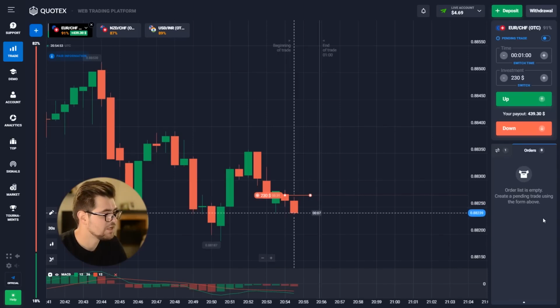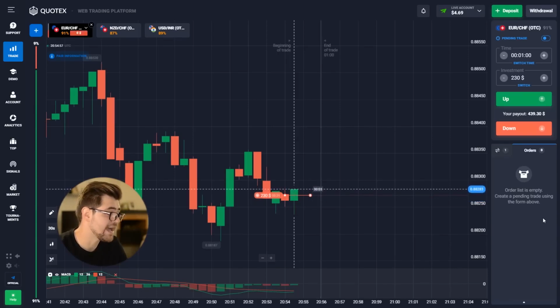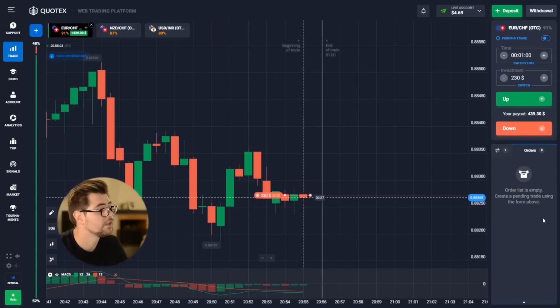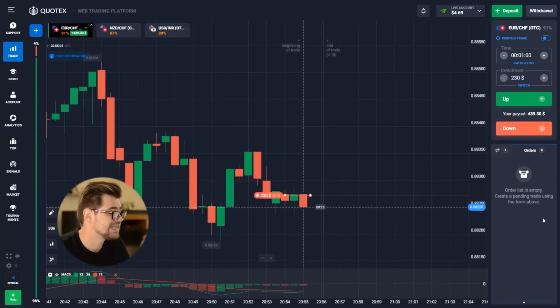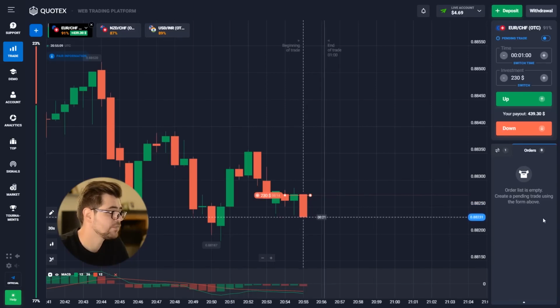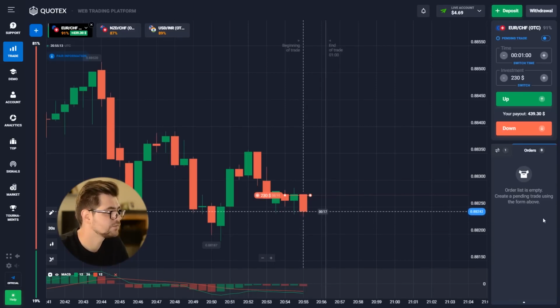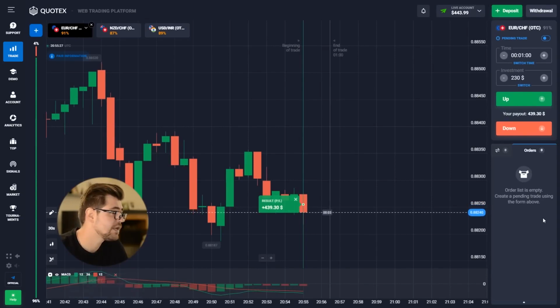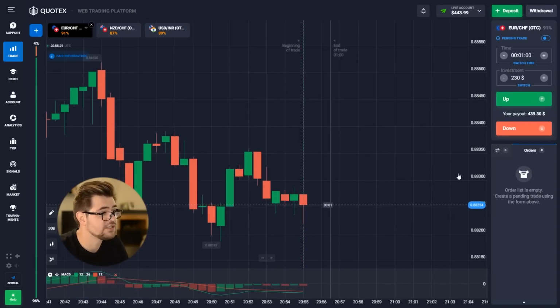If that green line would cross back up, then we would suggest that the price would be going up. Right now I don't really see that. It can happen any moment, obviously, but at 1 minute I think we have time. Let's see. Yes, and we have $439 now, 443 in total there.